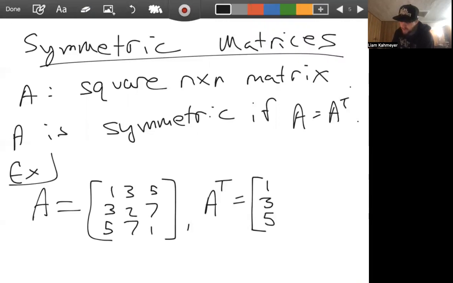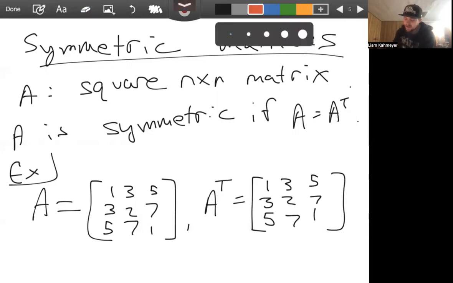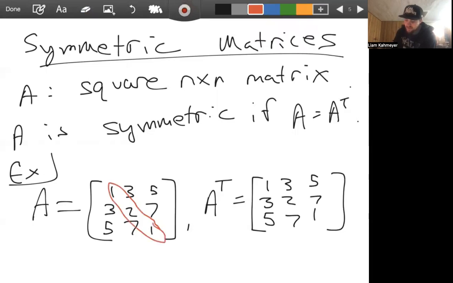The first row of A becomes the first column of A transpose, then the second row, and third row, right? And so here you can see A transpose is the same as A. We call this a symmetric matrix. And the reason for the phrasing symmetric is that there exists a symmetry about this diagonal, right? If you flip over this diagonal, your matrix is the same.